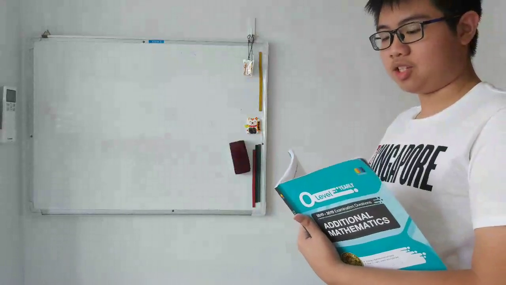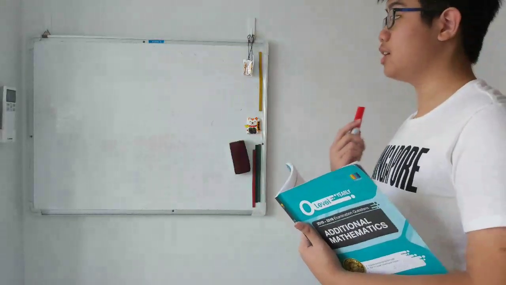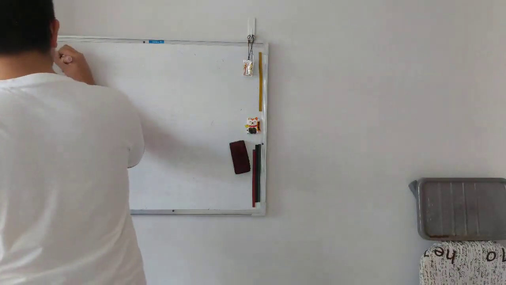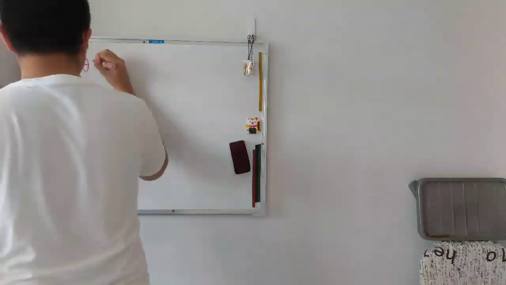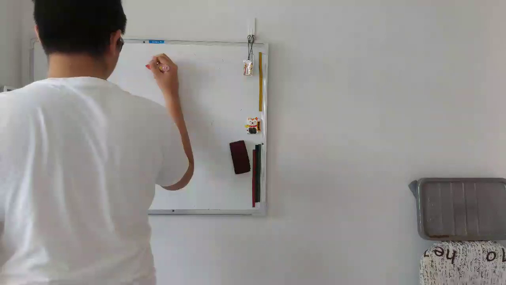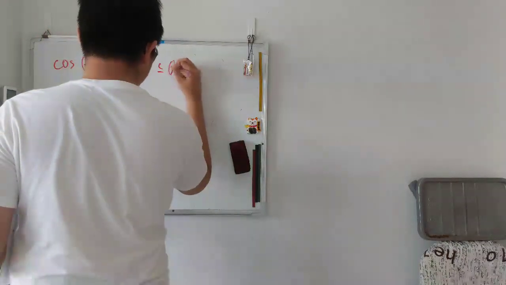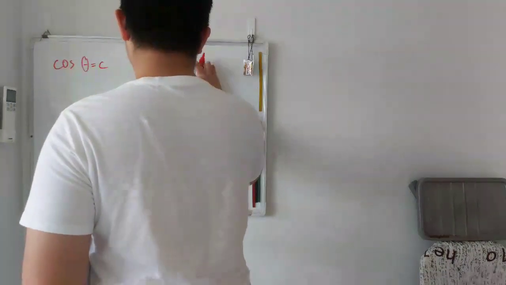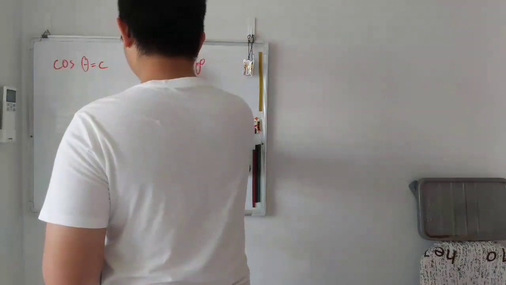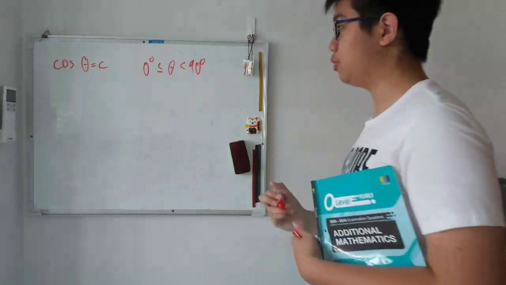Given that theta is acute and cosine theta is equal to C, express in terms of C, tangent theta and cosecant theta. So let's start with tangent theta. We know that cosine theta is equal to C and theta is less than 90 degrees because it's acute.